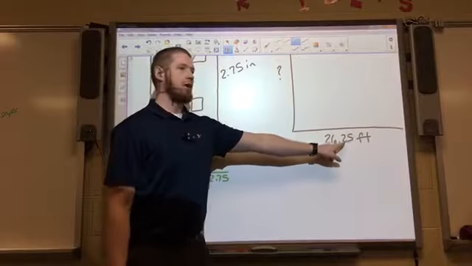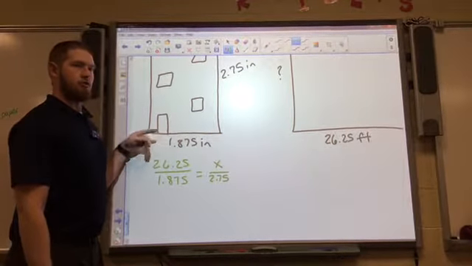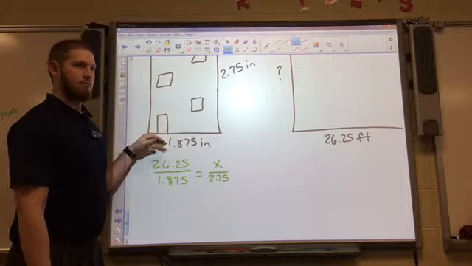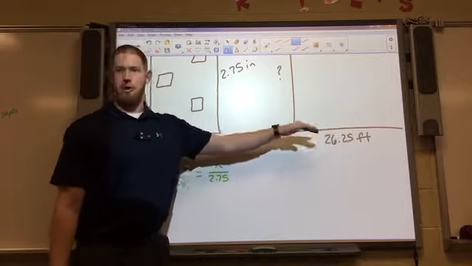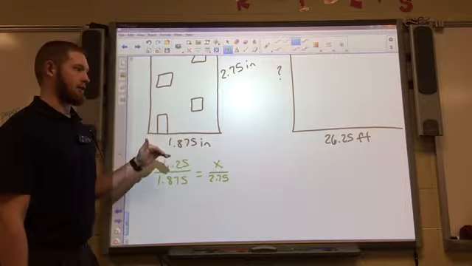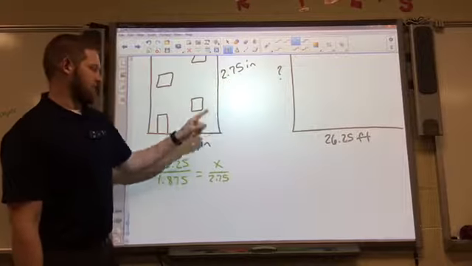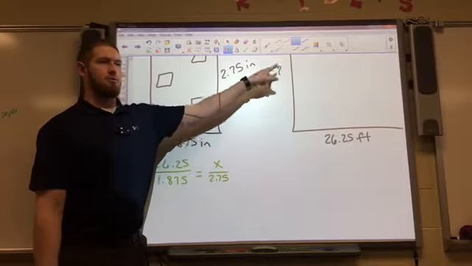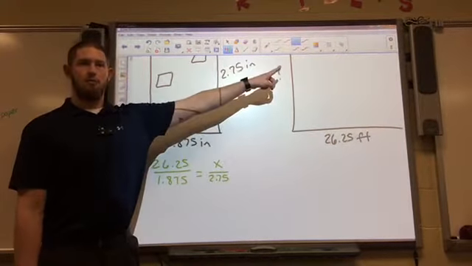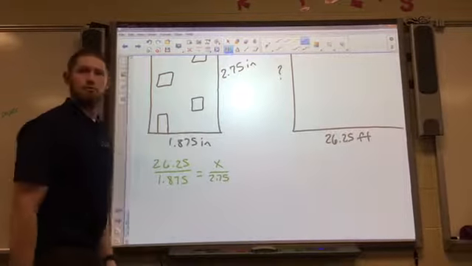Okay, she took 26.25 over 1.875, do those have something in common? Yeah, they're corresponding parts, right? They're corresponding to each other. They're in the same place on different diagrams. Okay? And then she put x over 2.75. Are those corresponding parts? So do they have something in common? Yes. Okay? Anybody set it up different?